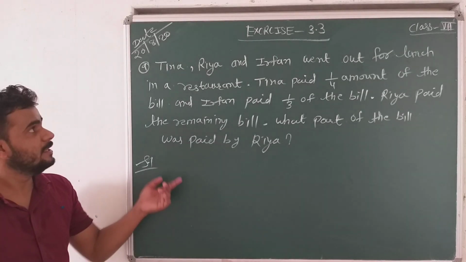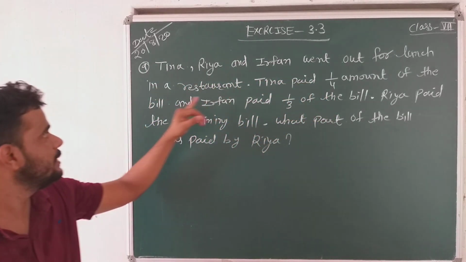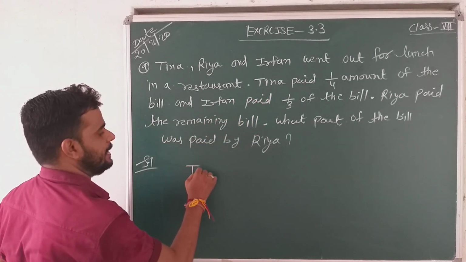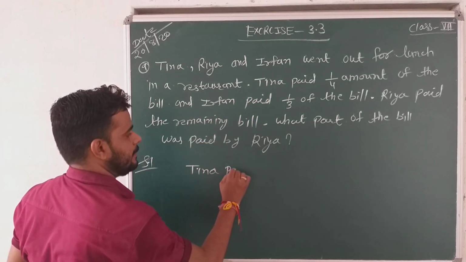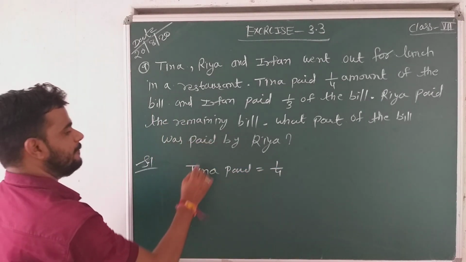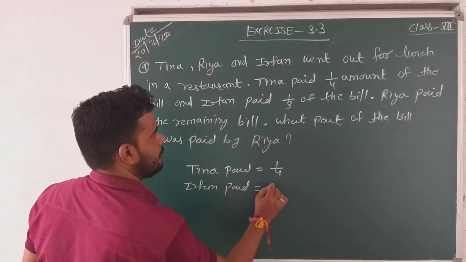Okay, so the next question, ninth one: Tina, Ria and Irfan went for a lunch in a restaurant. Tina paid 1 by 4 of the amount. And Irfan paid 1 by 3.